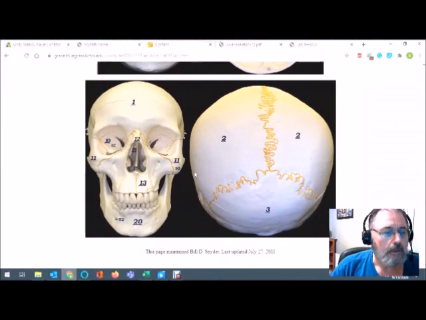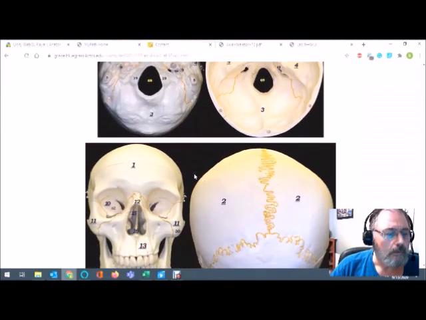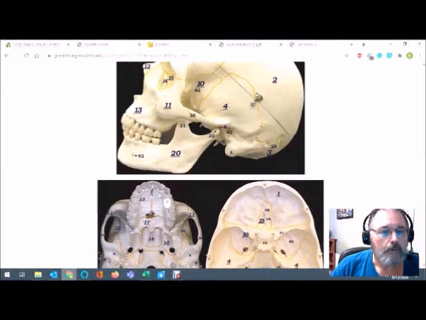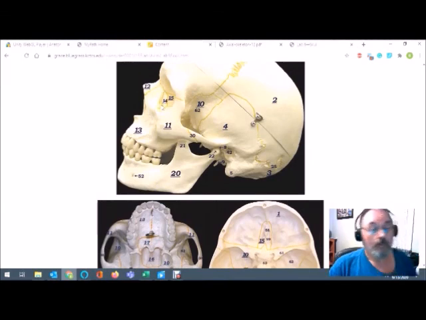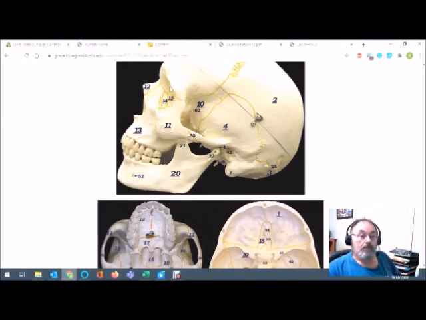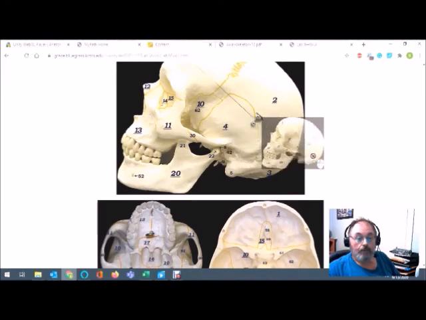Let me see. Well, we don't have a great picture of it here. But right there, this is the lacrimal bone, and there's a hole right there that allows tears to drain down from the eye into the nasal cavity.